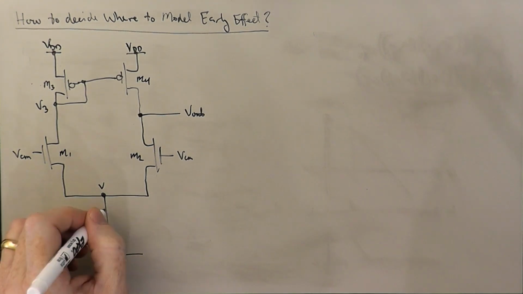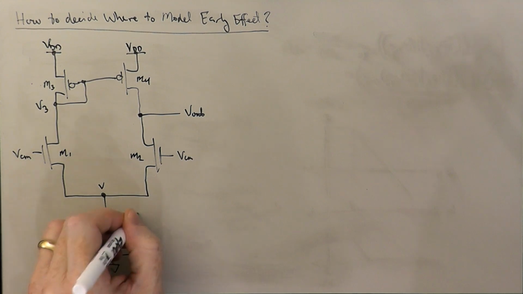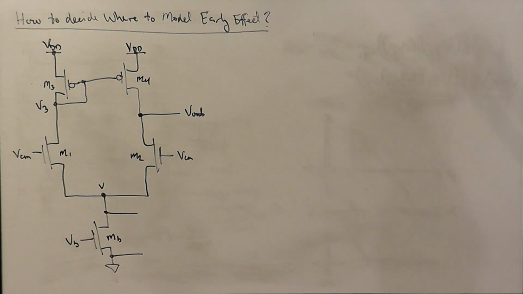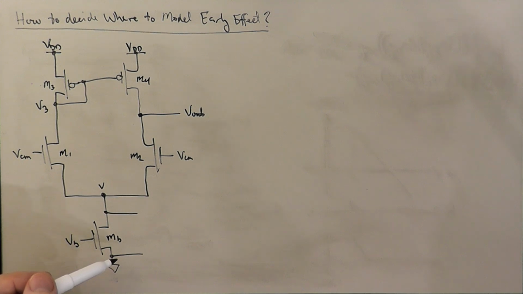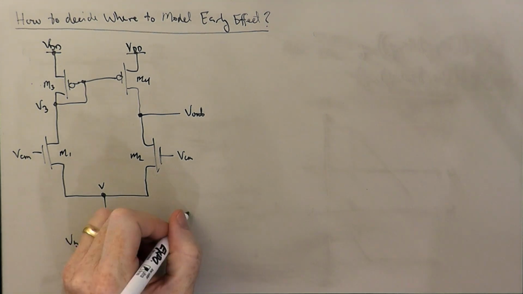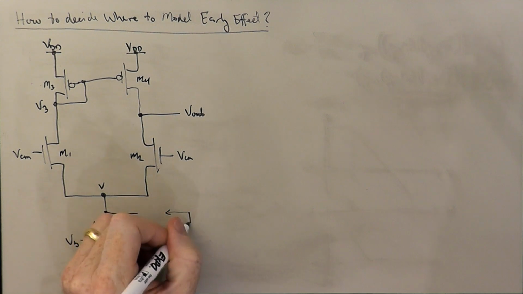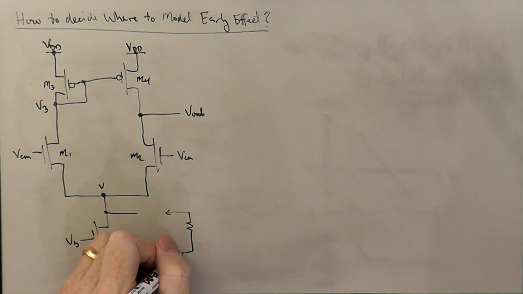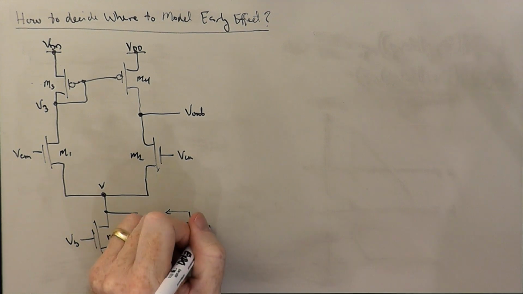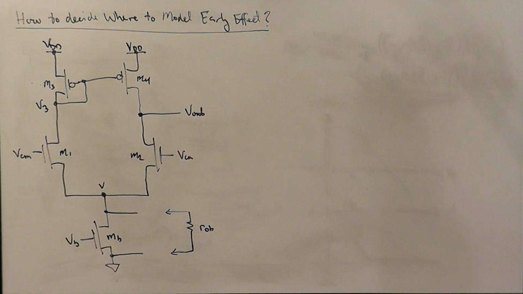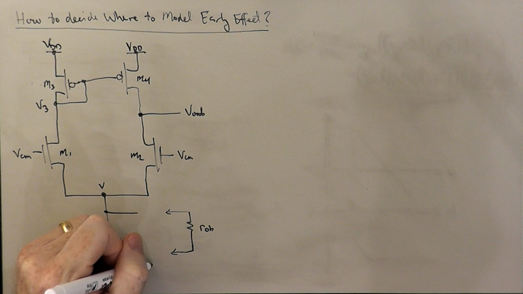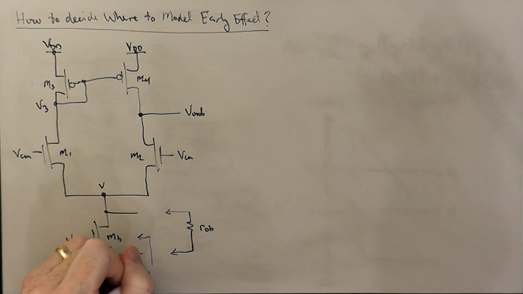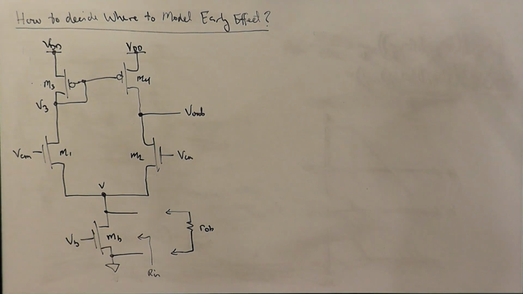So what we're doing here is we're taking a port that is coming out of the circuit, which is in this case the source and drain of the bias transistor. And what we're saying is we're thinking about, do we need to stick ROB here on that port? And the question that we're asking effectively is, what is the input resistance seen looking into that port compared to ROB?